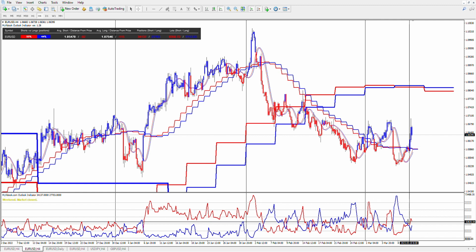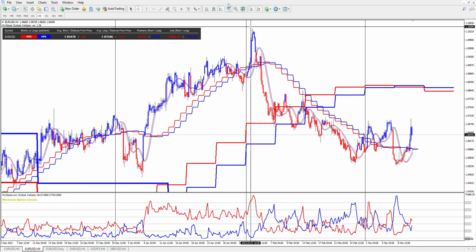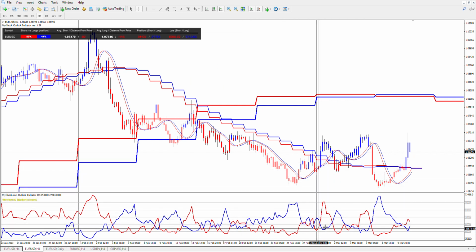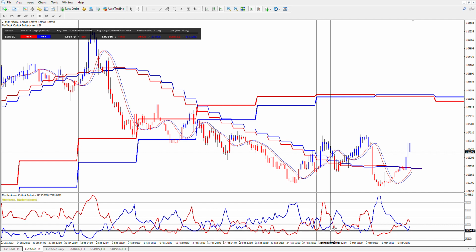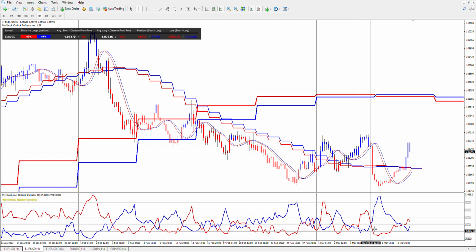Now it's the 10th of March, and the blue dominates more. Altogether, if you zoom in here, I look on the 4-hour chart, you see the month started immediately with the bullish dominance, and it was more bullish dominance until the third.